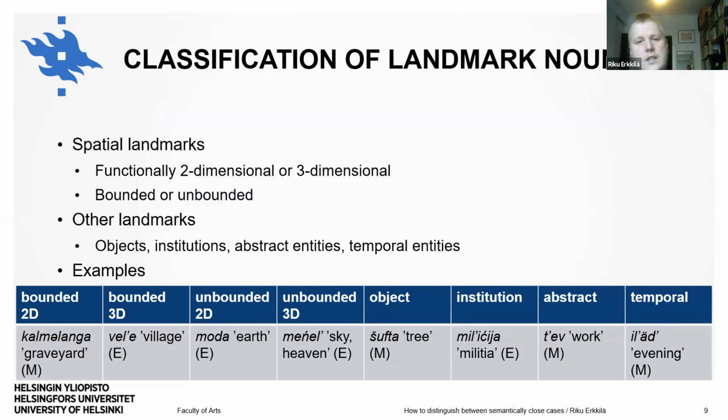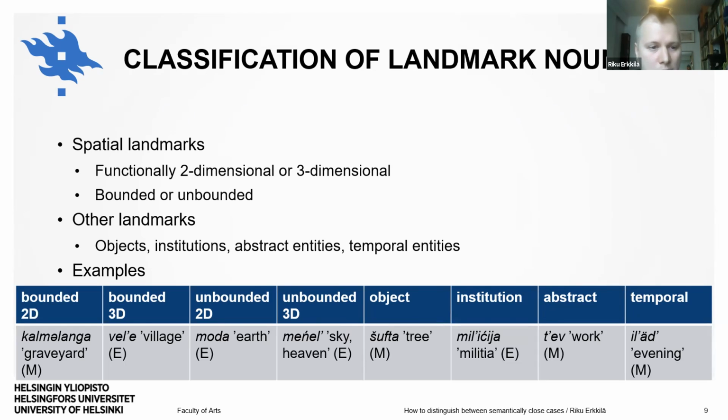And then the classification of landmark nouns, on which this study is based. I differentiated 8 kinds of landmarks. First are spatial landmarks that are either 2- or 3-dimensional, and then bounded or unbounded, depending on if they have clear boundaries.